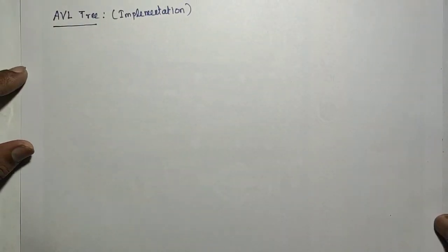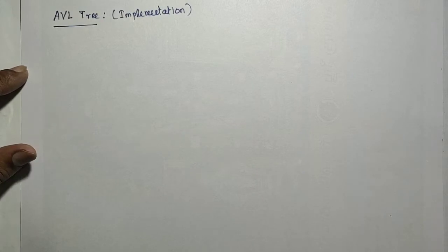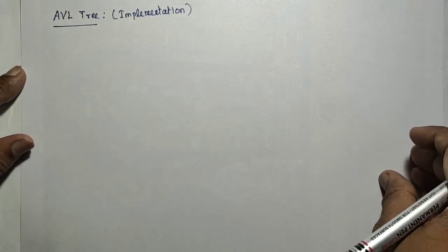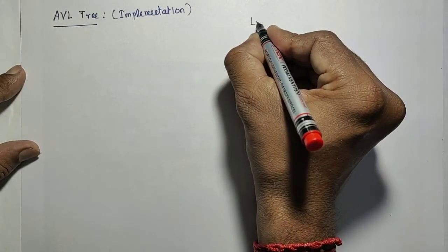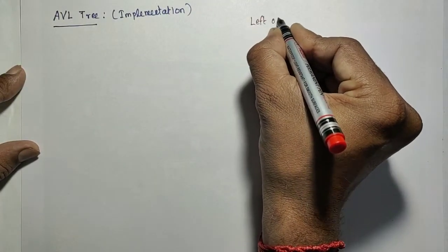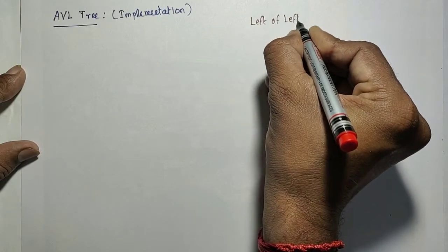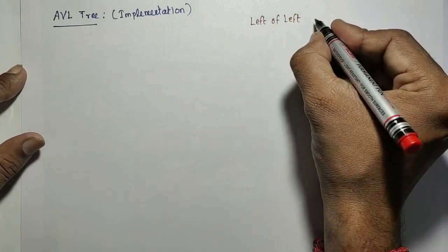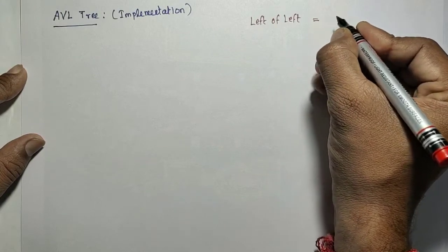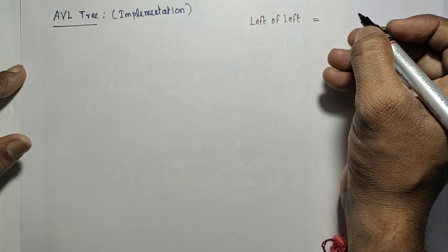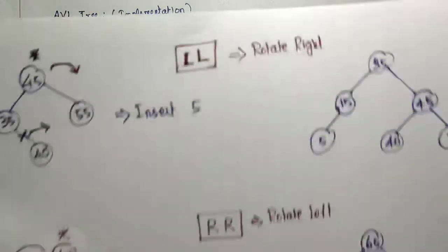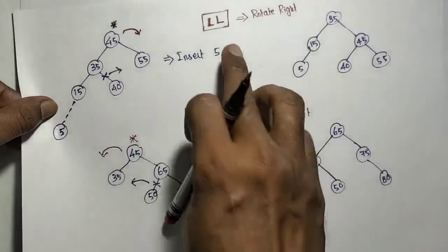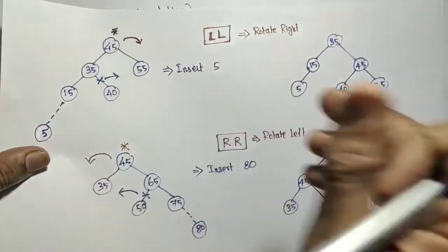So we may get unbalancing due to inserting a new element at the left of the left subtree. Left of left. The solution is, I need to rotate on the right side. So left of left means I need to rotate right.